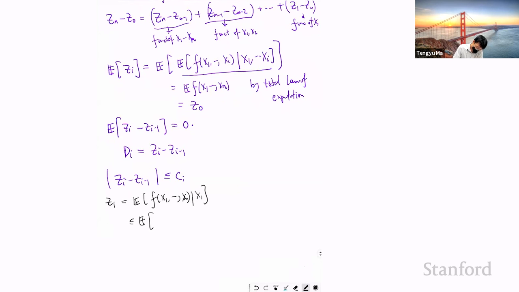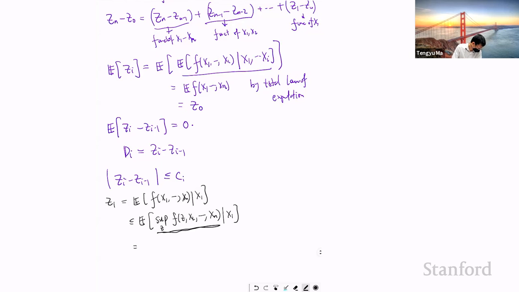You can replace the first argument by the sup over all possible choices of x1. After you do this, this quantity is not a function of x1 anymore, so it doesn't matter whether you condition on x1 or not.